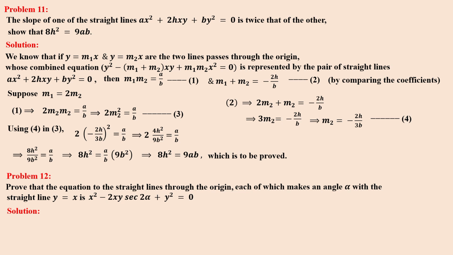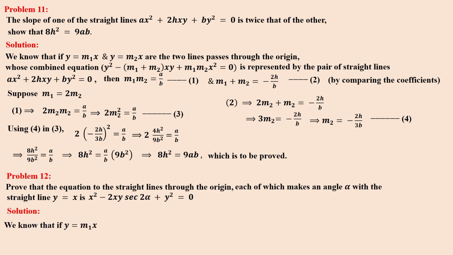We have to prove that the pair of straight lines through the origin, both making an angle alpha with the straight line y = x, is x² - 2xy sec α + y² = 0.